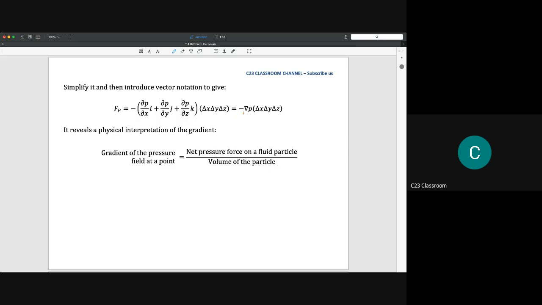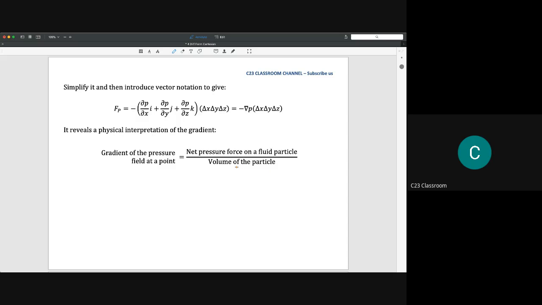If you have nabla p, it means that you have del p del x plus del p del y plus del p del z. So this is just a concise symbol for a certain very long formula. In physical interpretation, we could say that the gradient of the pressure field at a point is equal to the total pressure force on the fluid divided by the volume of the particle.